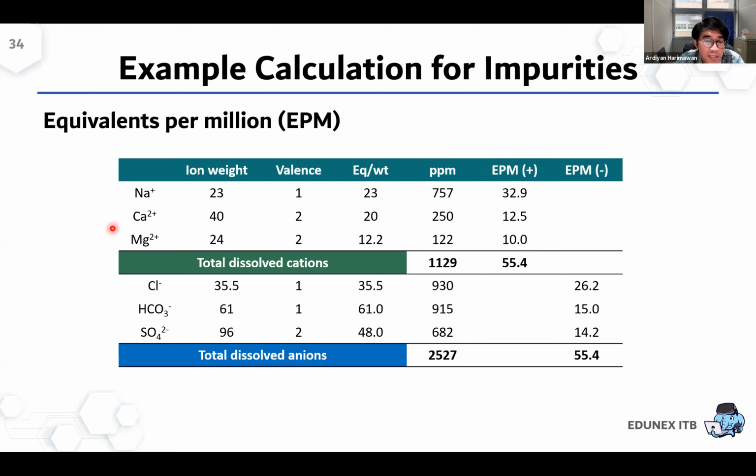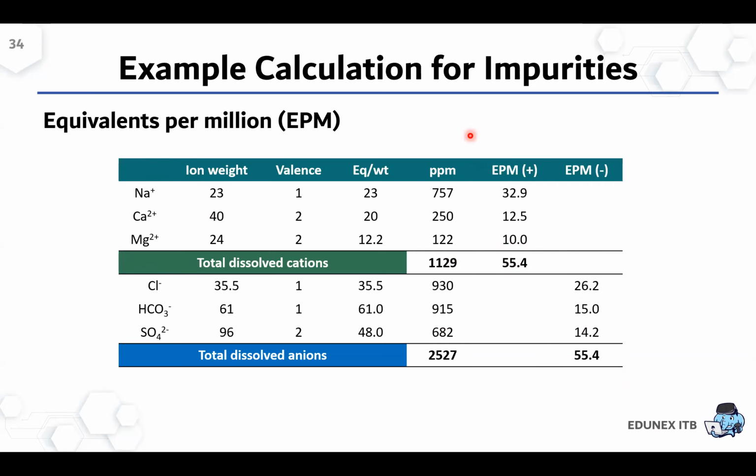Bisa dilakukan dari sisi kation, bisa dilakukan dari sisi anion. The calculation from the anion side and the cation side should be the same. Kenapa? Why? Nadifa, are you there?